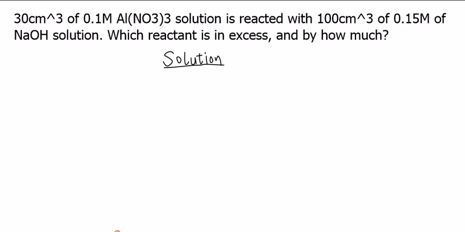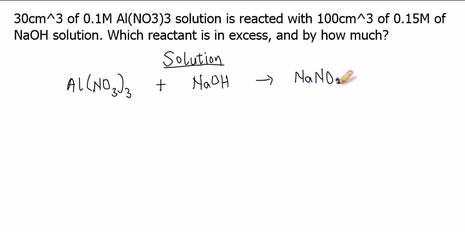So we have aluminium trioxonitrate(V) reacting with sodium hydroxide to give sodium nitrate plus aluminium hydroxide.